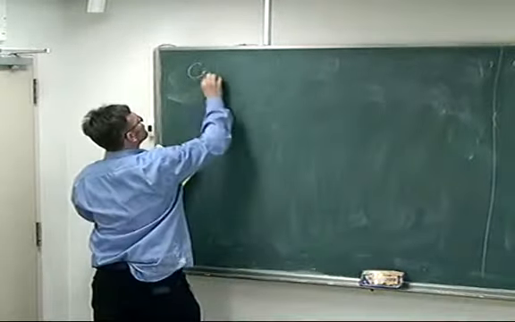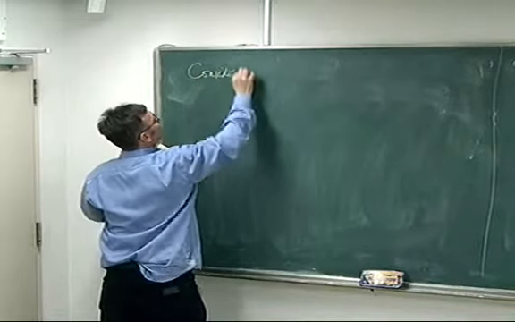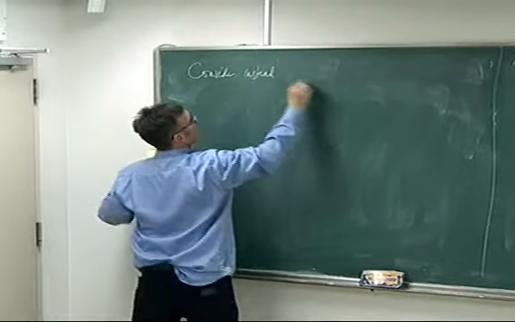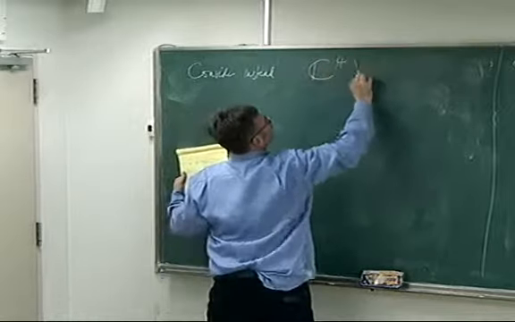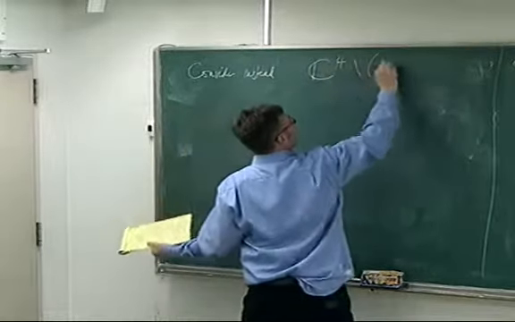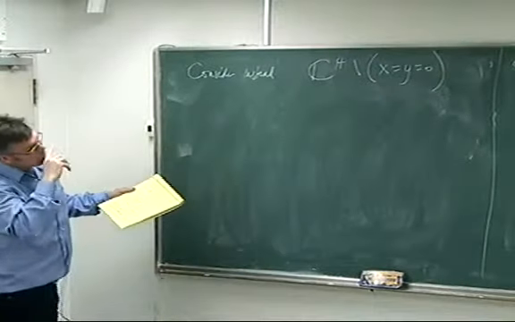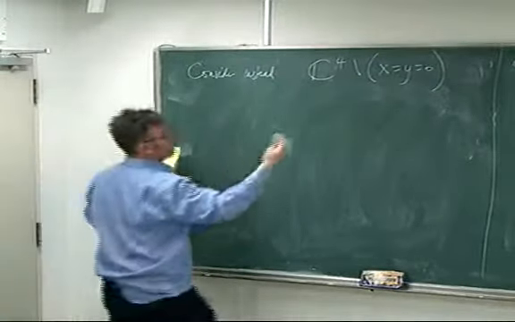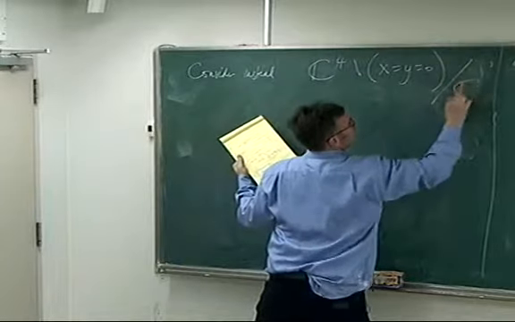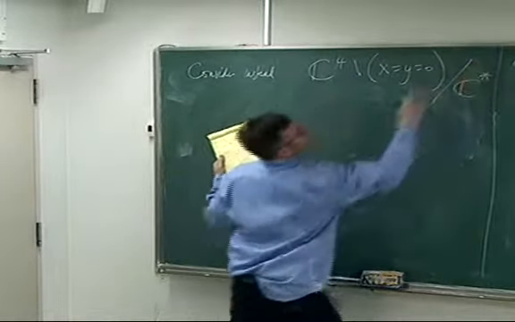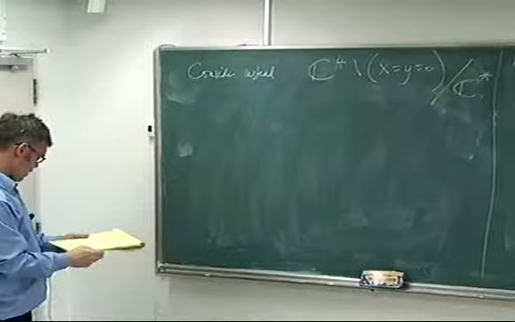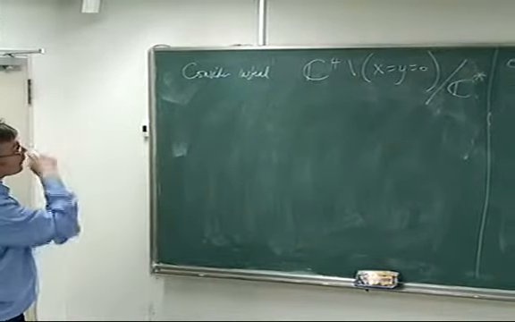So let me consider instead C4 without, and I want to remove x equals y equals 0. And then I want to divide this by C star. Well, that's fine, we can do that.